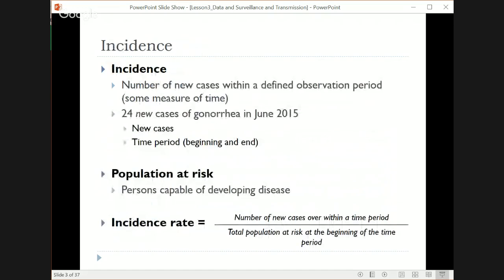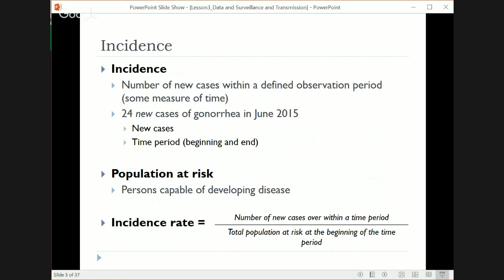Okay, so the first thing I'm going to do is start by reviewing incidence and prevalence and reviewing the answers to the worksheet that you did yesterday, or perhaps today if you're moving a little slower. So what is incidence? Incidence is the number of new cases that occur within a defined observation period.